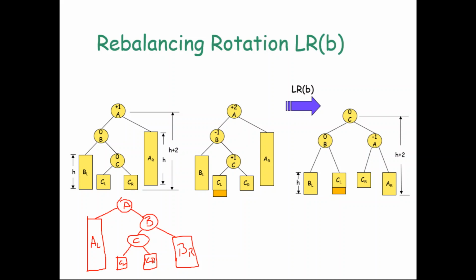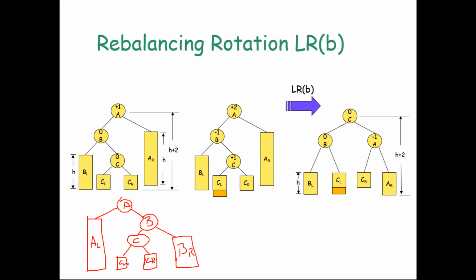And then two cases you can discuss. One is you perform an insertion here, that is in CL, and then how will you perform the right-left rotation. The second case you can take as performing insertion in the CR part.